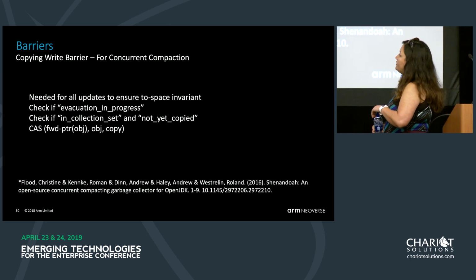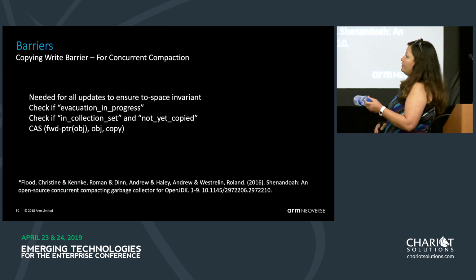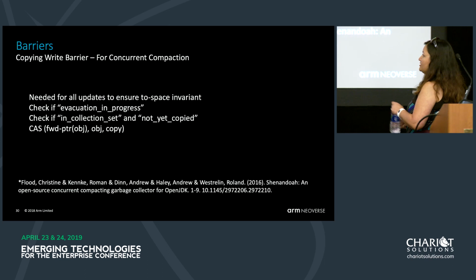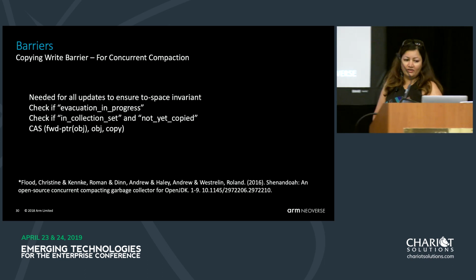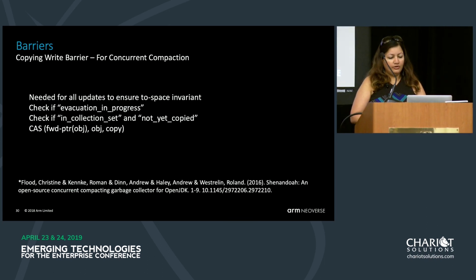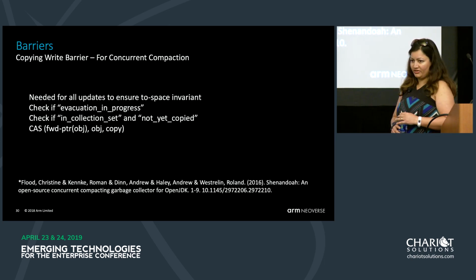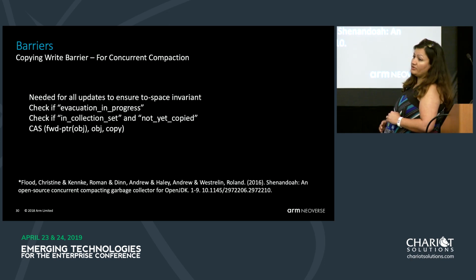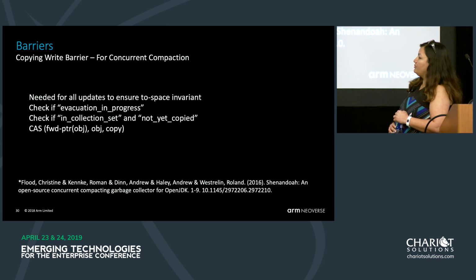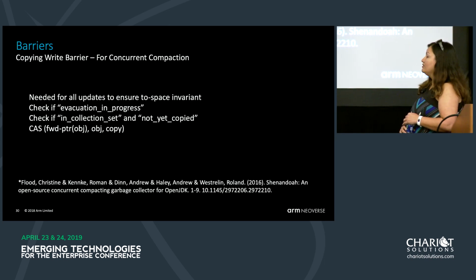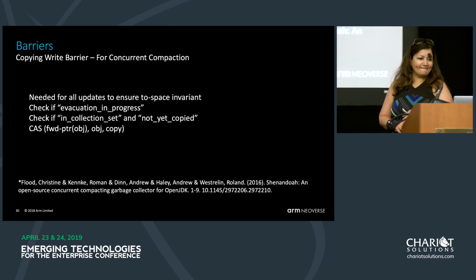The way we do compare and swap here is you have a forwarding pointer of the object itself, and then the copy, and then the compare and swap will either be true, which means your mutator is taking care of that. If not, then some other thread took care of it anyway, so that's okay. The same thing is true if the GC is doing it too. The same write barrier code is true for GC doing the work as well.